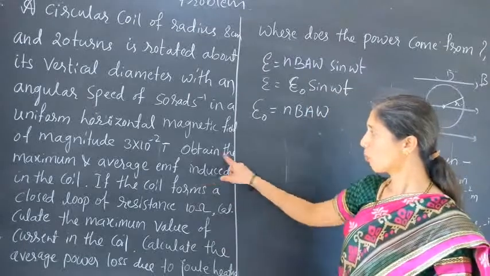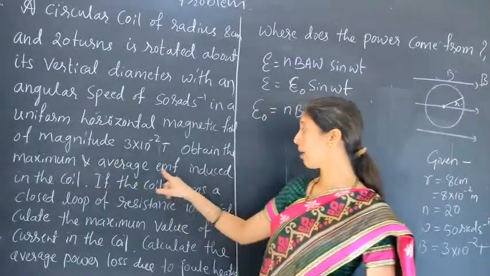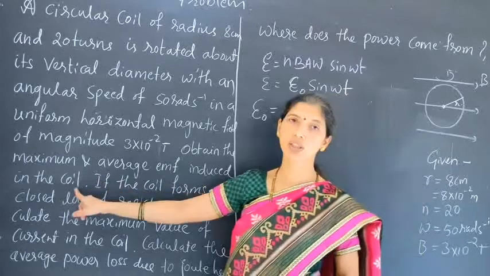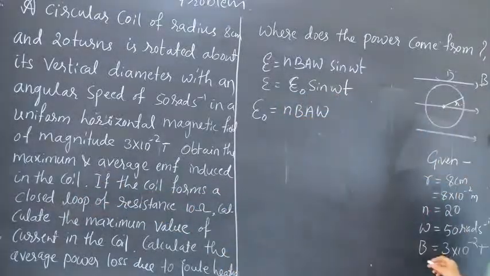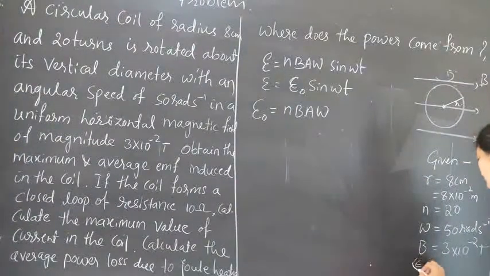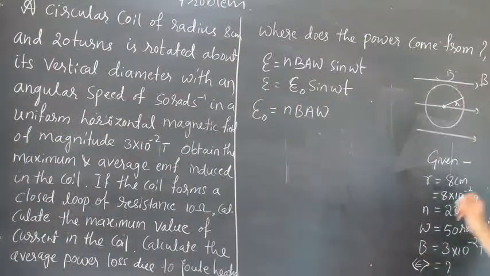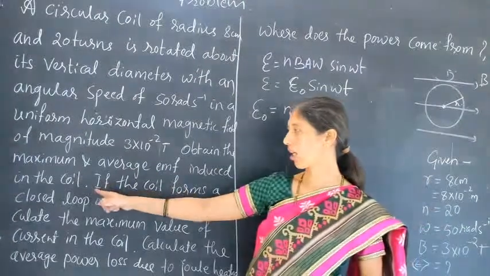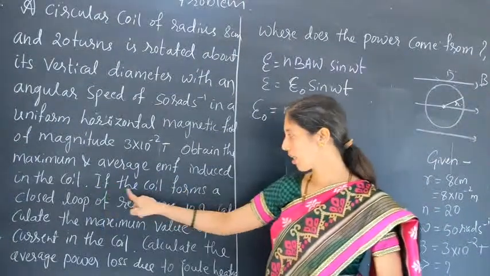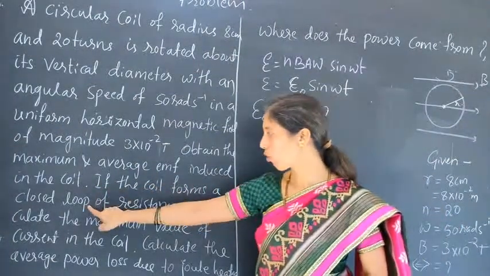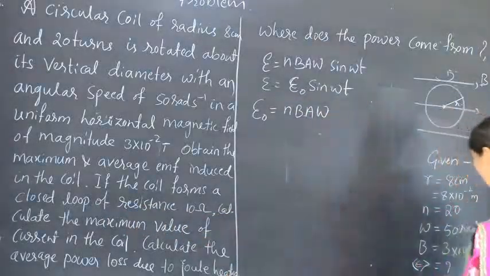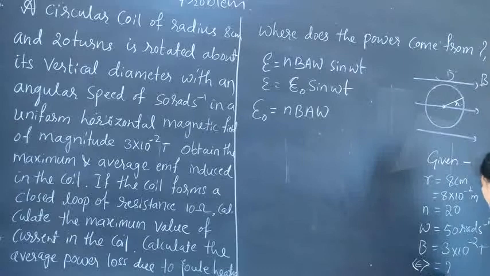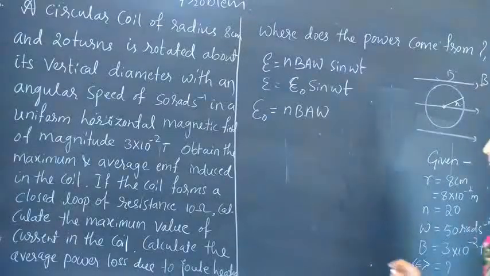Now, obtain the maximum and average EMF induced in the coil. So, what is the average EMF? What is the average EMF induced in the coil? And the next part is, if the coil forms a closed loop of resistance 10 ohm, the resistance of the coil is 10 ohm, R is equal to 10 ohm.